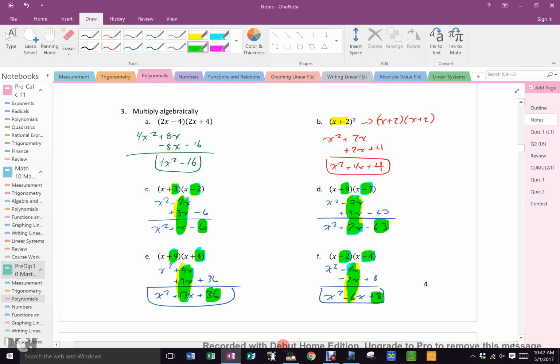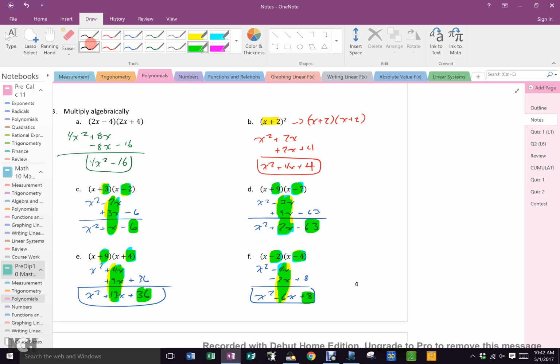So, the shortcut gift that I am giving you is when you have x plus a and x plus b, as long as they're x's, then you know the answer is x squared plus a plus b times x, plus a times b. Every single time, as long as it starts with a single variable.